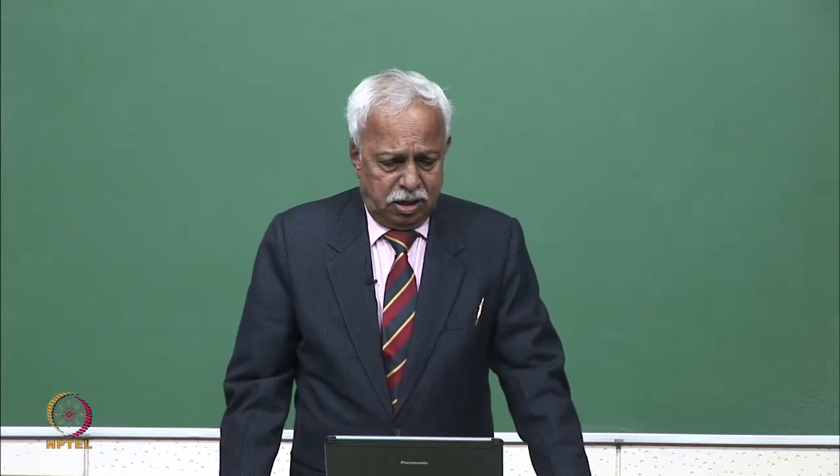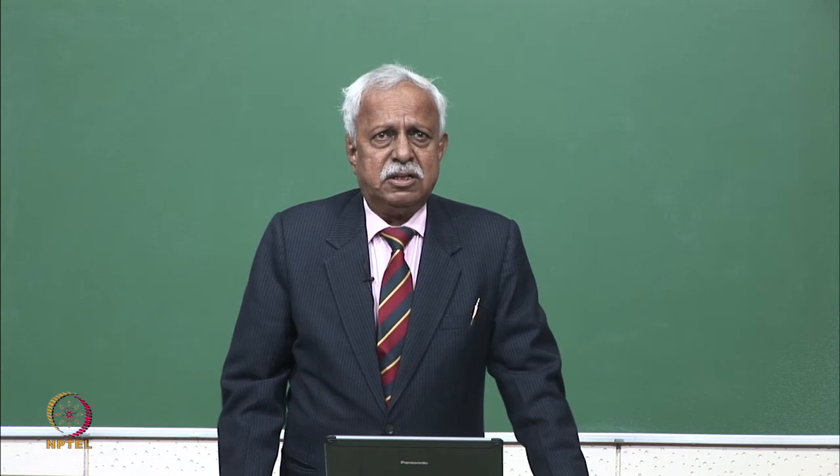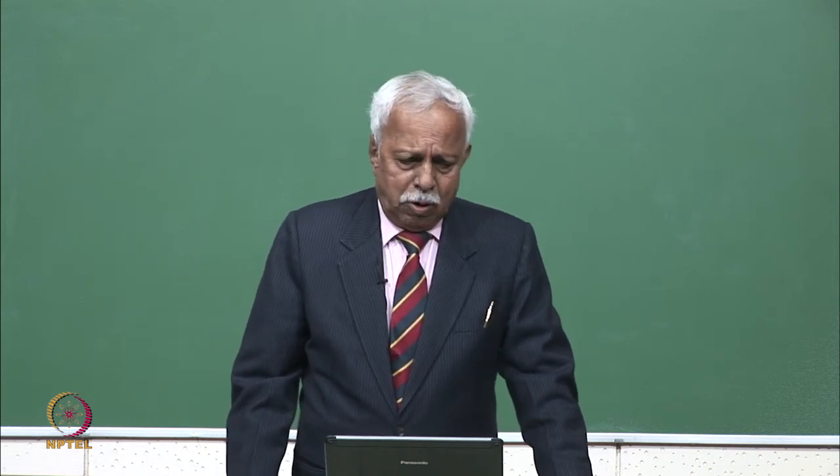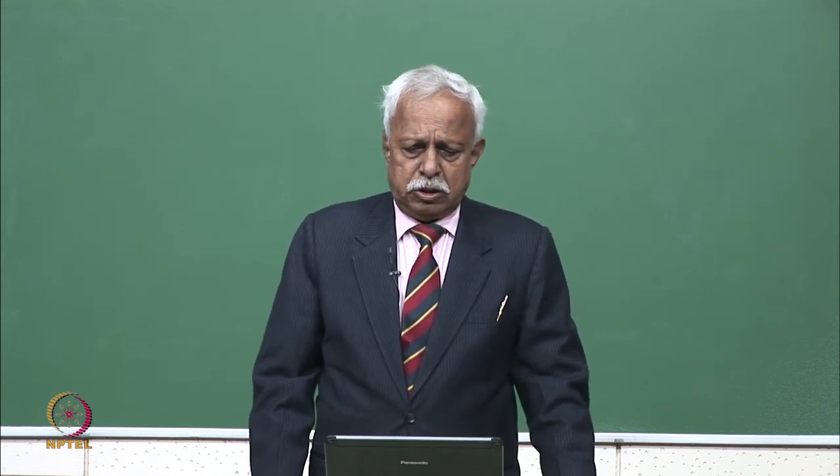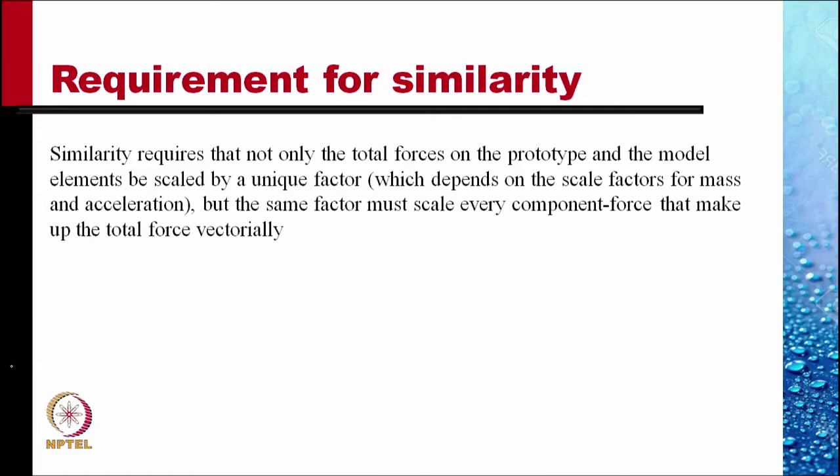In the last couple of lectures, we have discussed that similarity requires that not only the total forces on the prototype and the model elements need to be scaled by a unique factor, which depends on the scale factors of the mass and acceleration, but the same factor must scale every component force that makes up the total force vectorially.